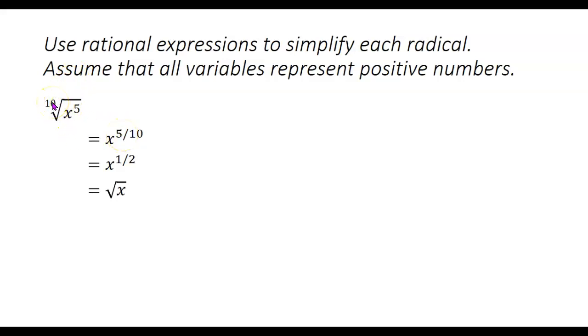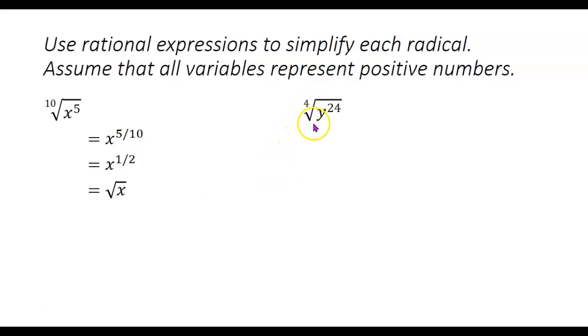The kind of root, the index on the radical, is the denominator of the fractional exponent. So this is x to the 5 over 10 power. But 5 over 10 in lowest terms simplifies to 1 over 2. So this is x to the 1/2 power. And then in radical form, x to the 1/2 power is the square root of x.